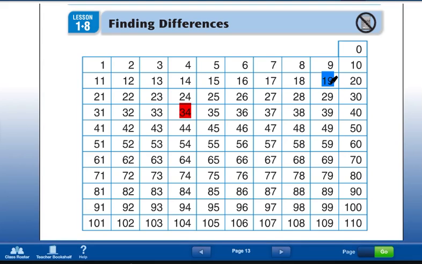If you went down one row, which is 10, and then counted over by singles, that's definitely one way you could do it. So let's do this together. 10, 11, 12, 13, 14, 15. So there are 15 spaces between 19 and 34.